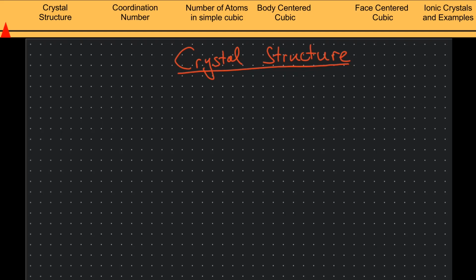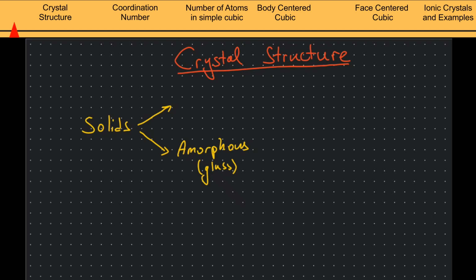Today I will talk about the crystal structures, and firstly maybe we should talk a little bit about solids. Solids can be of two types. Firstly, amorphous, and the best example is glass.